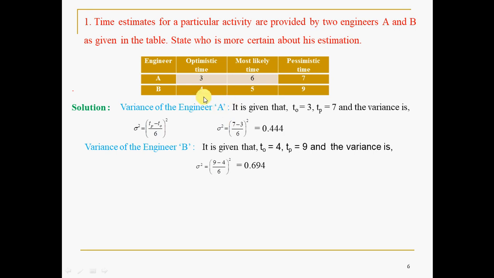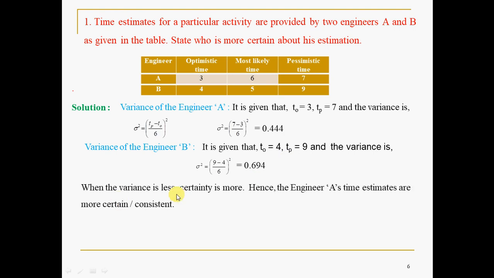By the value, 0.44 is less than 0.694. Hence we can say engineer A is more consistent with his time estimates. When the variance is less, certainty or consistency is more. Hence engineer A's time estimates are more consistent or certain.